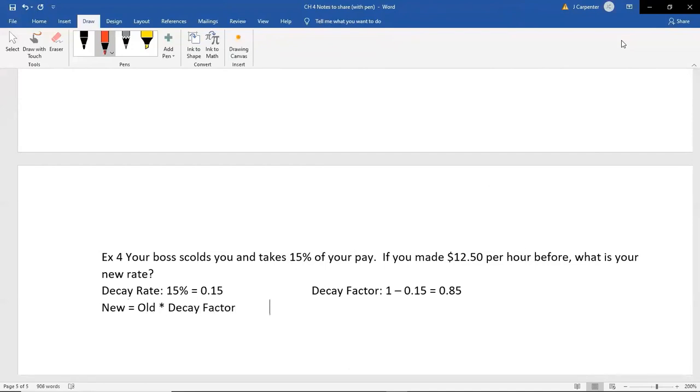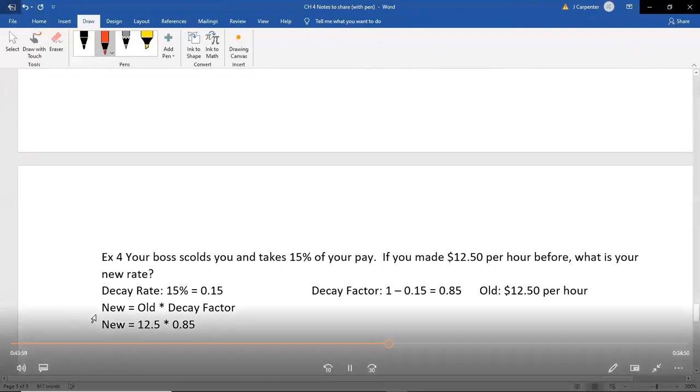Using that equation again, the $12.50 per hour, that was the old. So when we plug everything into this equation, we get new equals 12.5 times 0.85. New is unknown. Call it X if you want.